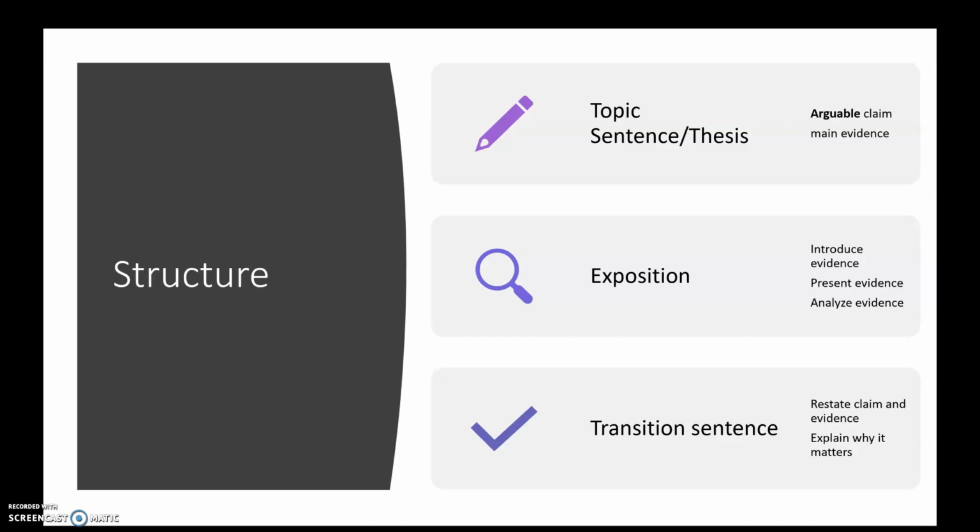You're going to introduce your evidence, you're going to present it, you're going to analyze it, and then you're going to rinse and repeat until you get to your transition sentence. Just, 1, 2, 3, 1, 2, 3. In the transition sentence, you're going to restate the claim and evidence, and you're going to explain why it matters. This is also basically a shrunken down form of the structure for an essay as well.